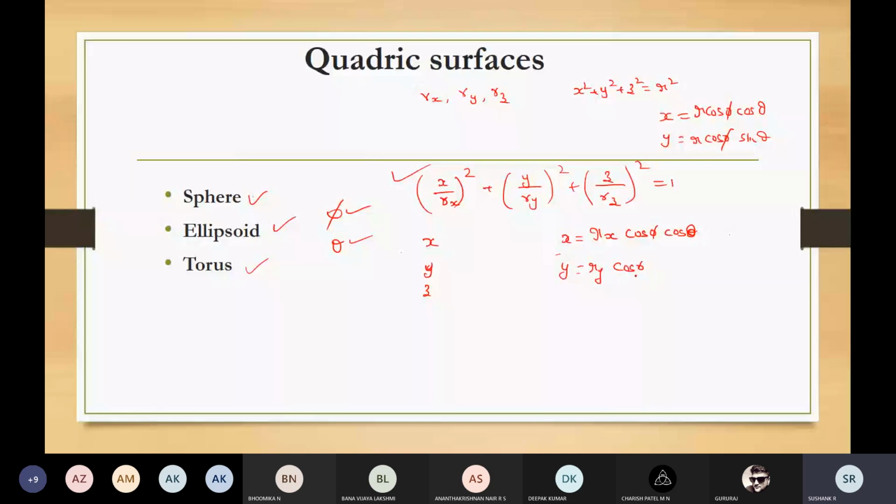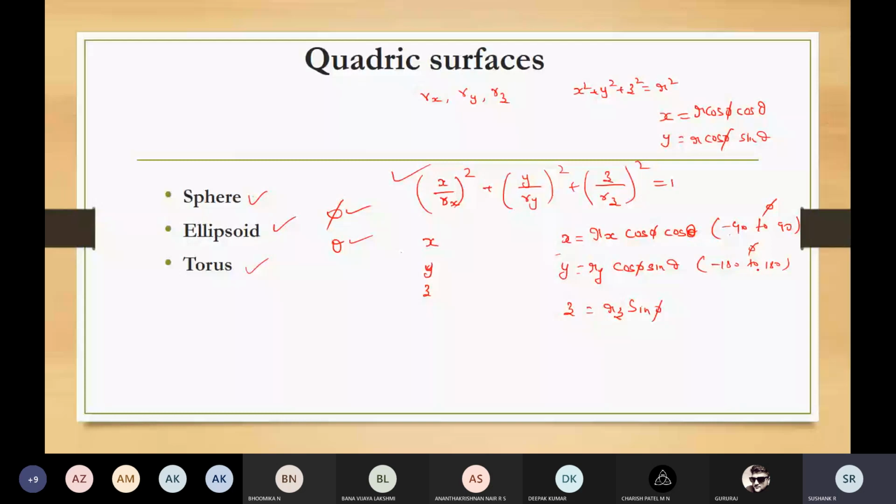So this is how the parametric equation is represented. Here phi will range from minus 90 to plus 90, and theta will be from minus 180 to 180. So this is how the ellipsoid is being represented.